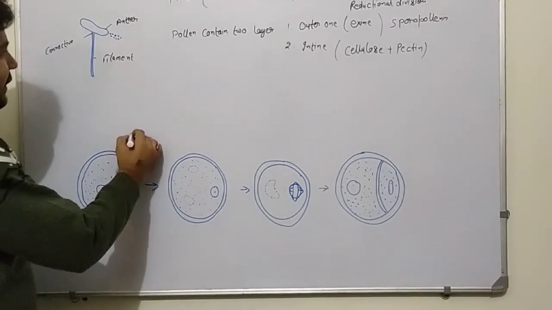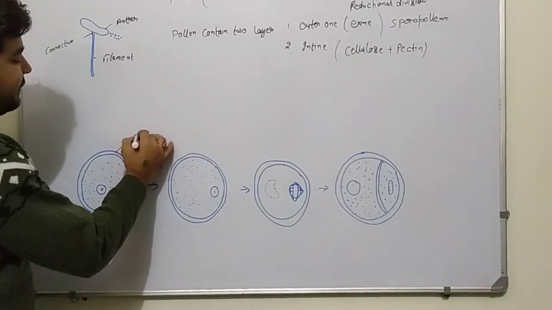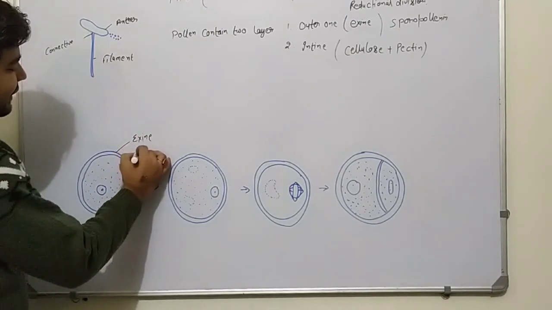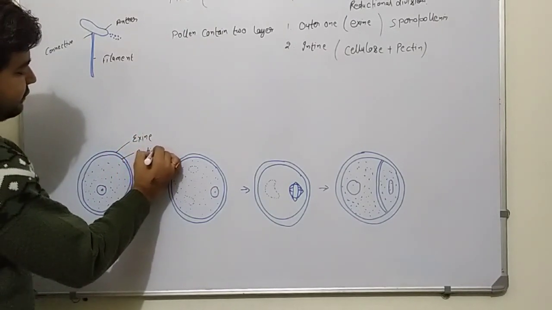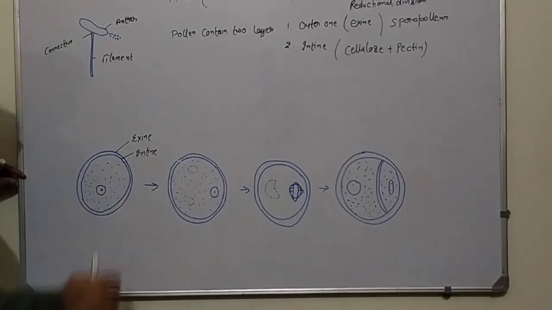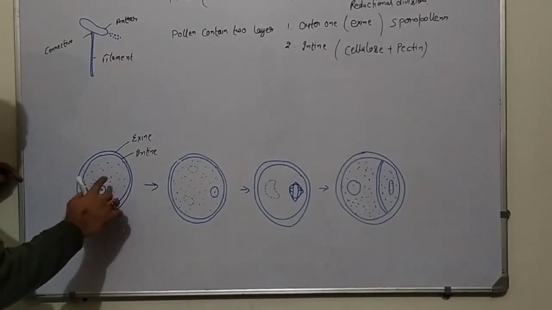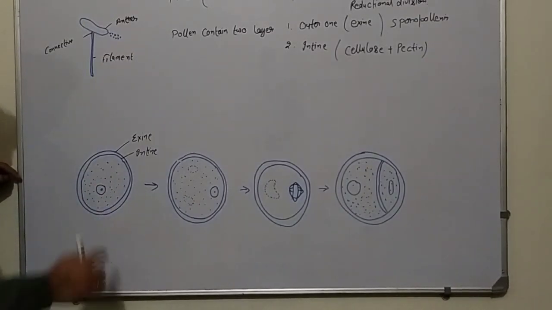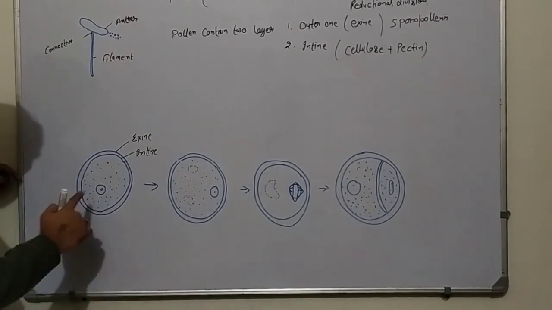This is the outer layer called exine, and this is the inner layer called intine. When PMC undergoes meiosis, the cells of the pollen grain are densely packed, containing a nucleus and cytoplasm.